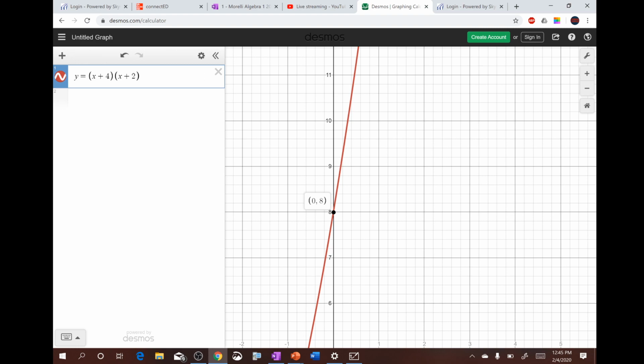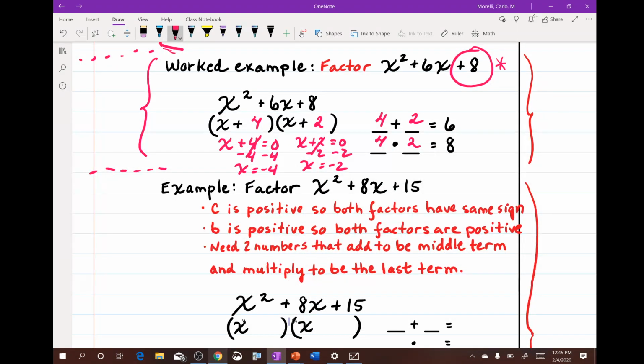Just like in a linear equation, y equals mx plus b, so y equals 5x plus 8, 8 is the y-intercept. Same thing here. The last term, the number all by itself with no x, is the y-intercept. There it is. You already know. You don't even need to look for the answer. Okay. Let's go back because we just jumped ahead a little bit.